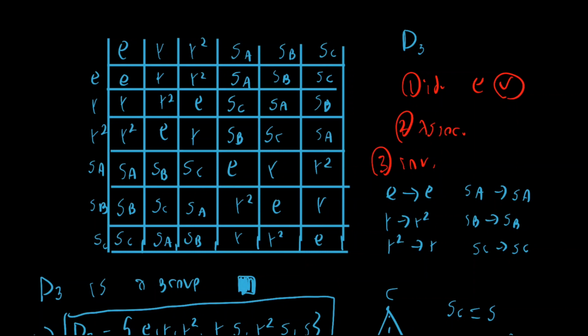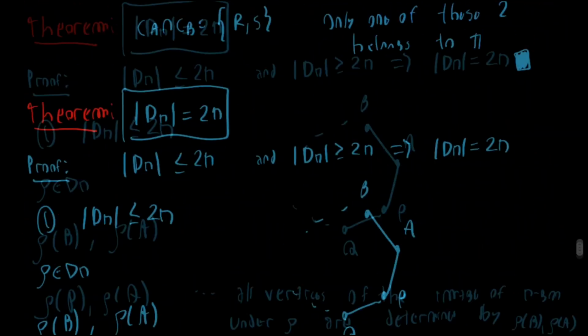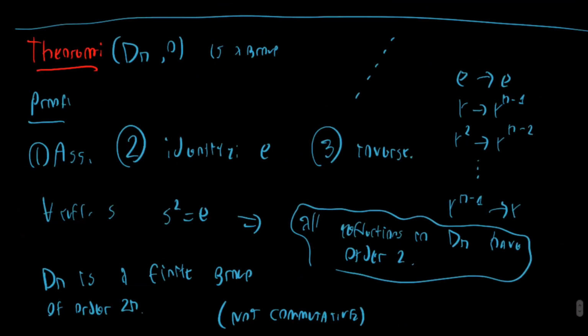If you take, for example, r times sa, notice that r times sa is sc. But now take sa times r, and sa times r is sb. These two are not the same. So Dn is in general not a commutative, not an abelian group.